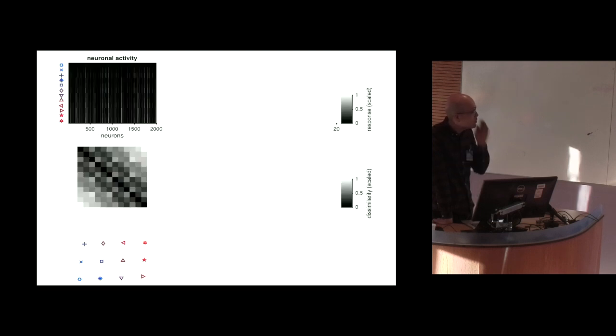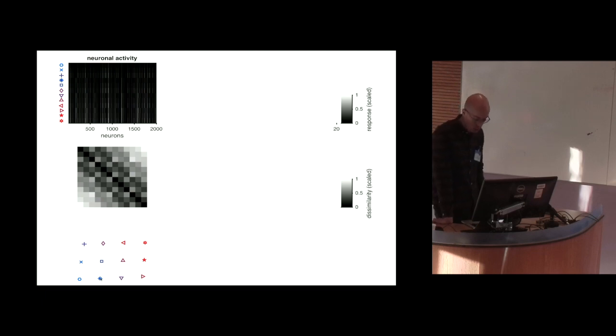So to make it a bit more concrete why that's probably not the case, I've done a little simulation here. So here we have 2,000 simulated neurons and their responses to 12 different images. And if we calculate a Euclidean distance matrix by taking the pairwise distances between those 12 images, we get this little distance matrix, which we can summarize using multidimensional scaling into a perfect two-dimensional solution where the stimuli are arranged in this nice little grid-like structure.